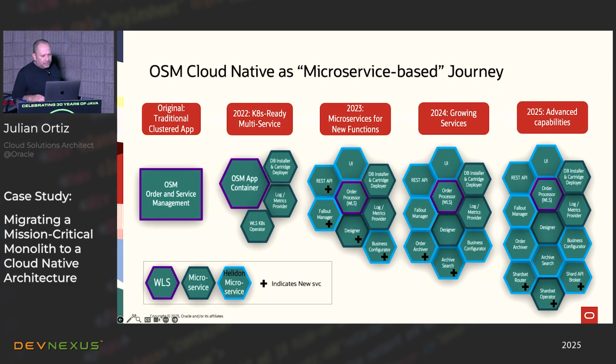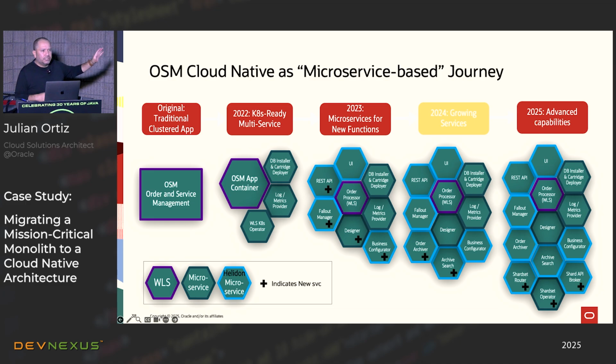So at the end of this journey, we have been growing services, and we are pretty much at the end of 2024 and beginning of 2025. We keep fleshing out functionality into new services, always keeping the same approach.